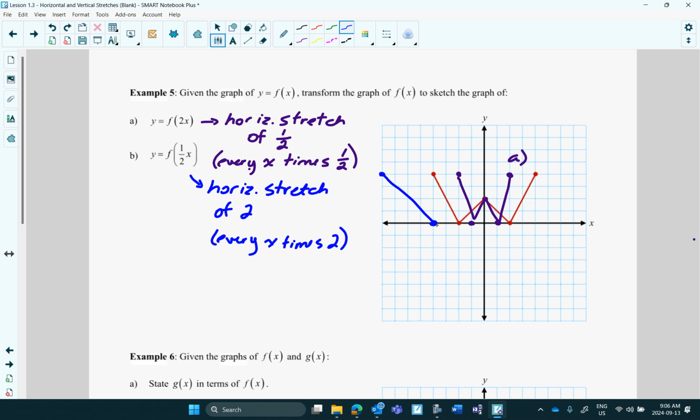Here, x is 0, y is 2. New one would be 0, 2. 2 times 0 is 0, and 2 stays as 2. This one, x is 2, therefore its new x will be 4. And this one, x is 4, its new x will be 8, y stays the same.